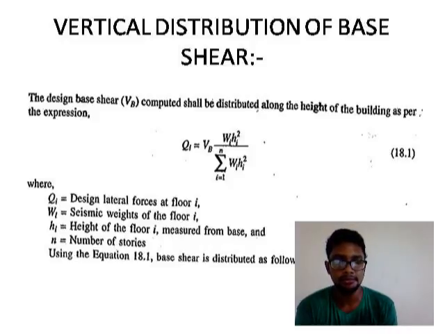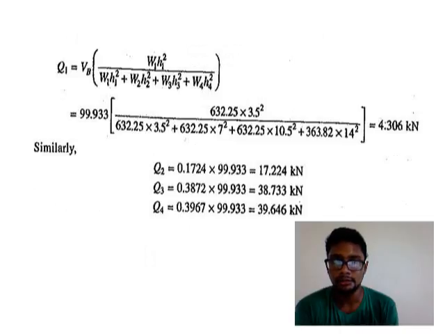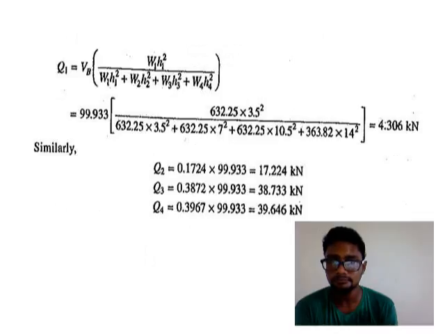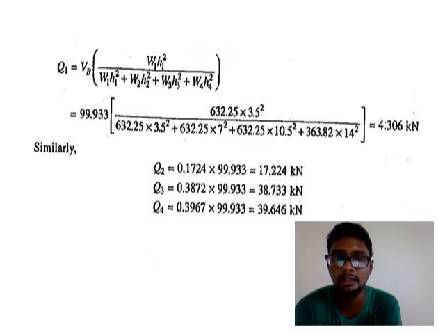By substituting the values which we got earlier in the formula, we are getting the design force to be 4.306 kilonewton. Similarly, for each of the other floors it is calculated.